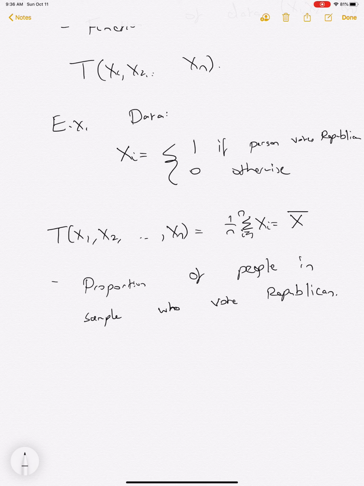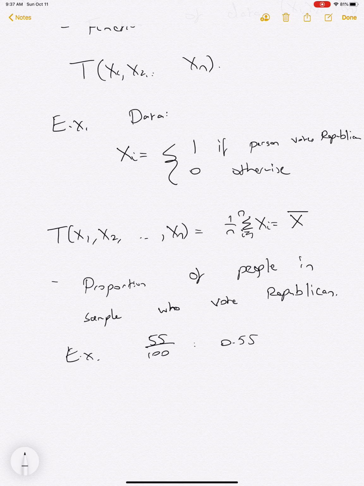In our example, it would just be 55 out of 100, or 0.55. So we've got 0.55 as the proportion of people who vote Republican. And the question we'd like to ask is, is that enough evidence to reject the null of theta equals 0.5, which is that the Republicans would not win, with an even number.